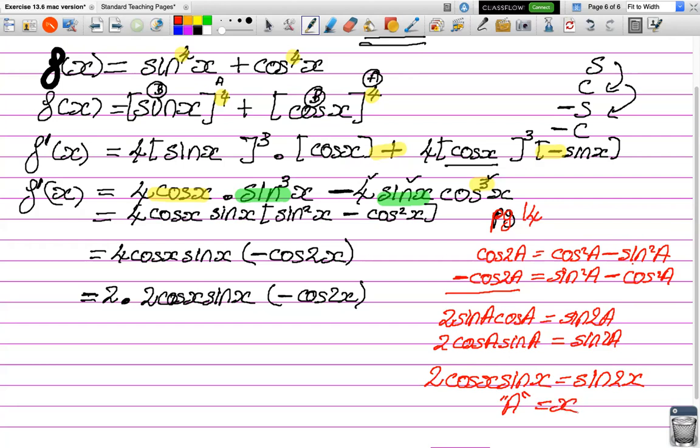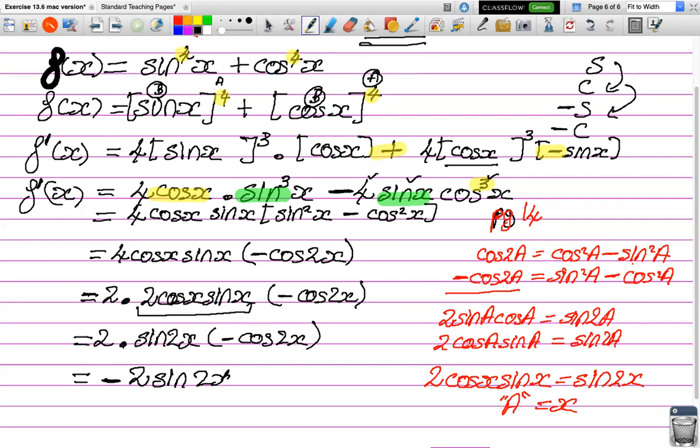So up here now, I'm going to have 2 on this thing here is equal to sine 2x on minus cos 2x. The minus comes to the front, you end up with minus 2 sine 2x on cos x.